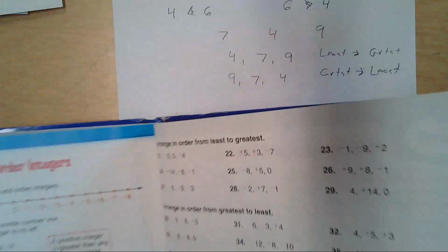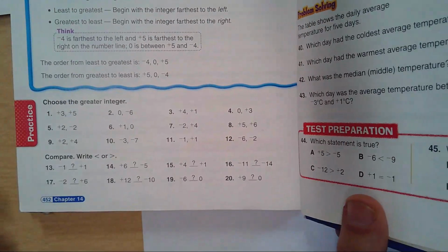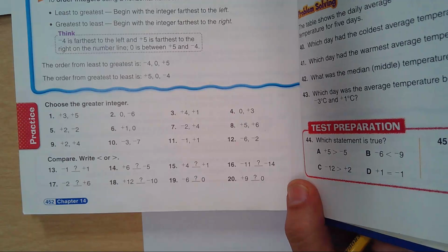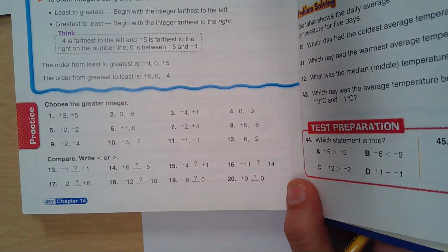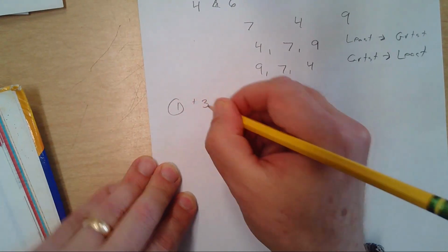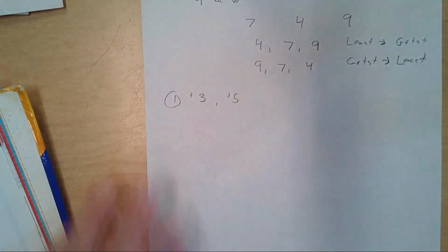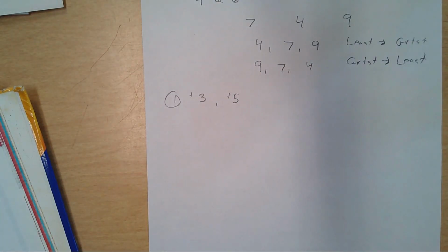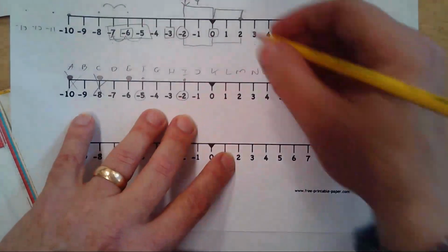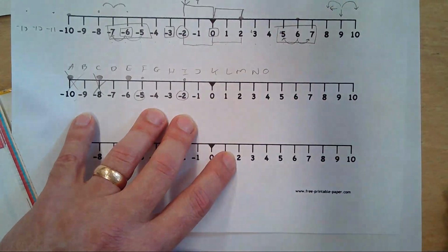So, first part here just says choose the greater integer. In a sense, we're comparing here. But instead of using the greater than, less than, equal to symbols, we're merely identifying and writing out the bigger value. So number 1 says positive 3, and then I got a positive 5. And the question is, which is the greater integer? I don't really think you need a number line for this one, but still, if I went to my number line and found them, there's positive 3, there's positive 5.